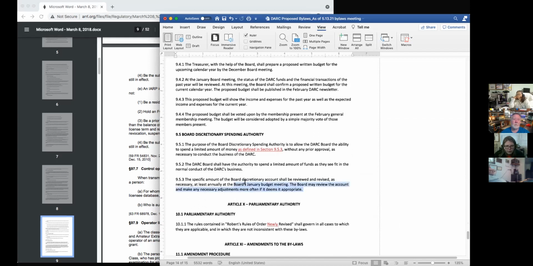I'm gonna jump here real quick, if that's okay with y'all. So 9.5.3, the specific amount of the board discretionary account shall be reviewed and revised as necessary, at least annually at the board's January budget meeting. The board may review the account and make any necessary adjustments more often if it deems appropriate.